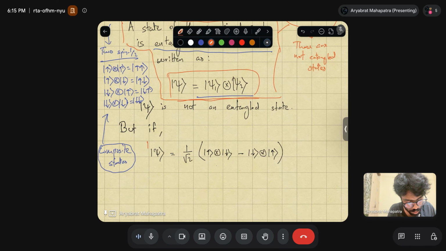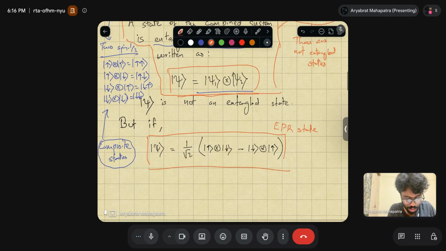The state which you see here is sometimes also known as the EPR state. Maybe we'll talk about it in a few more slides. This is an entangled state.